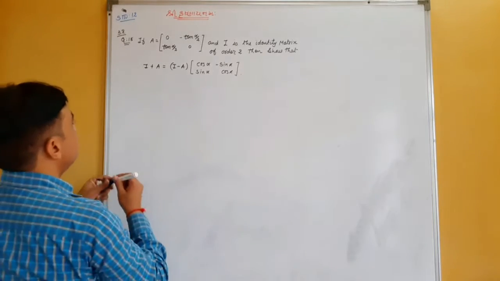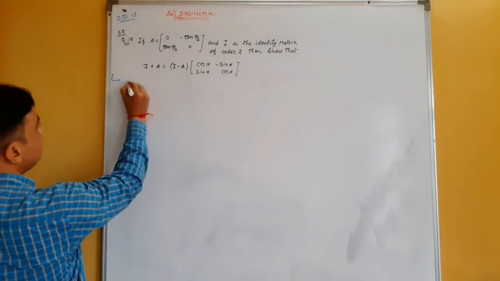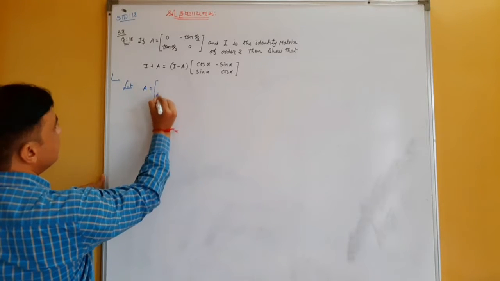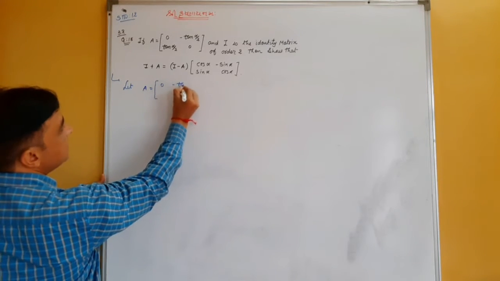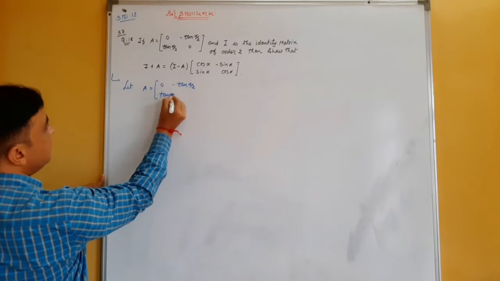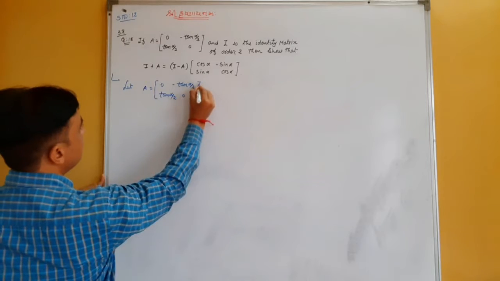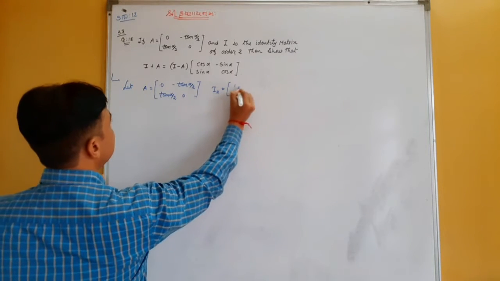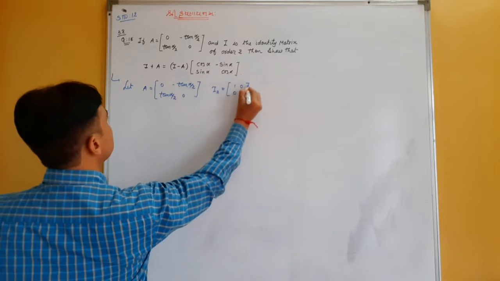So let A be 0, minus tan alpha by 2, plus tan alpha by 2 and 0, and I is nothing but I2, means identity matrix of order 2.